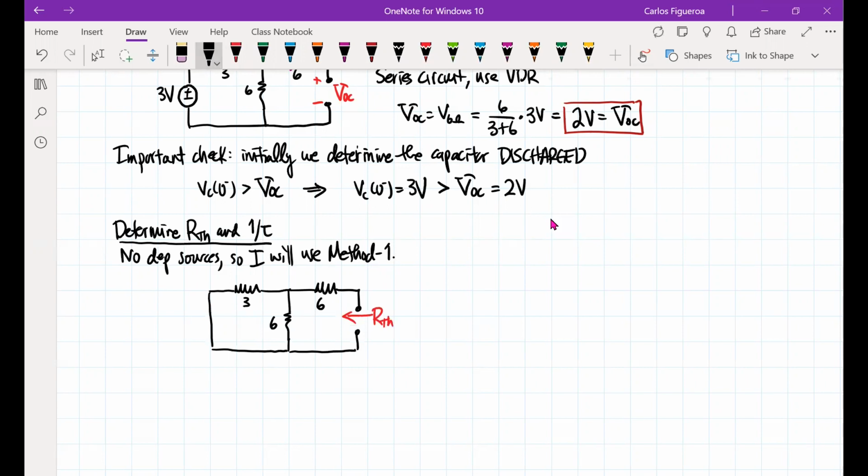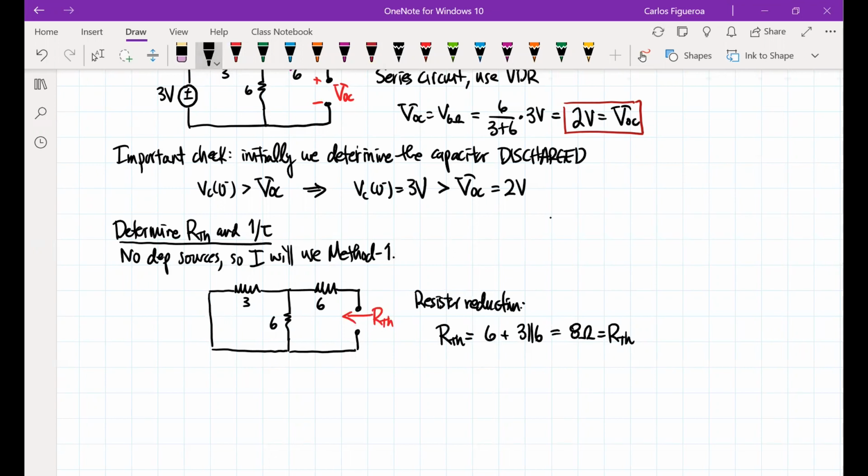So using Thevenin resistance, I'm going to use resistor reduction. Resistor reduction says that RTH is 6, and then 3 and 6 are in parallel. So 3 and 6 gives me 2. Therefore, this is 8 ohms, which is now RTH.